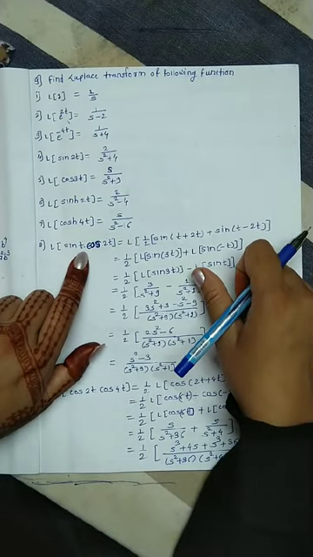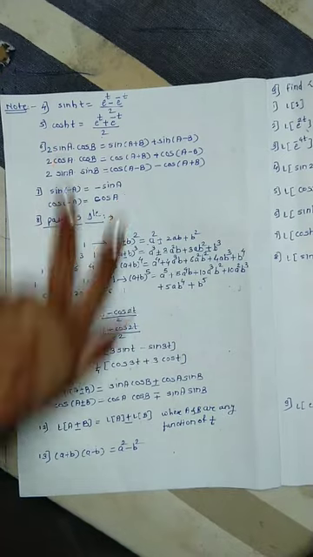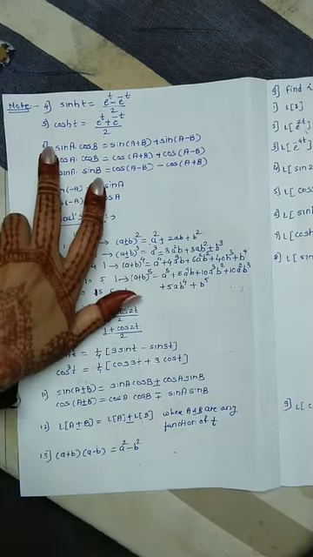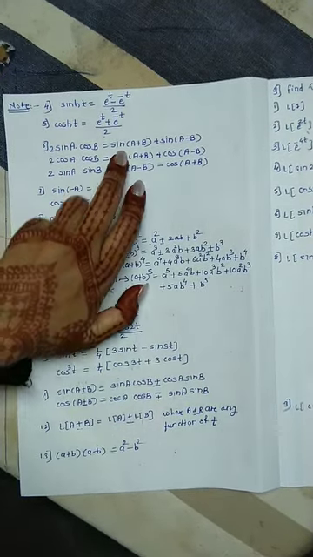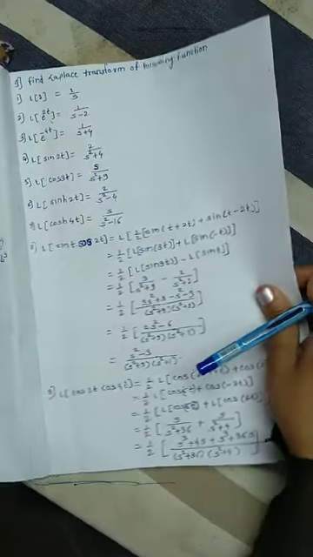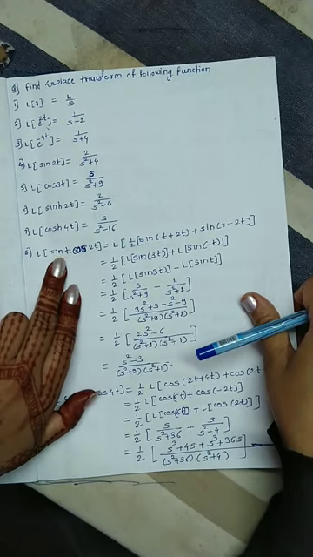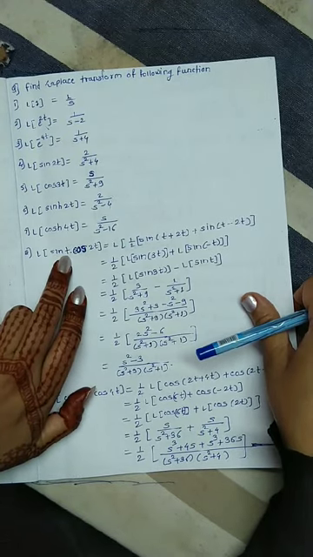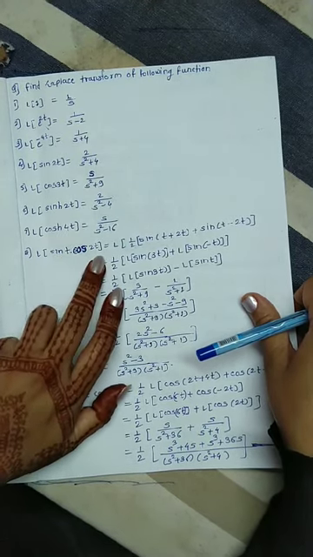Where is that? Sine a cos b here, right? You have to mug up all these formulas. 2 sine a cos b is nothing but sine a plus b plus sine a minus b. Here a is nothing but t, and b is nothing but 2t.